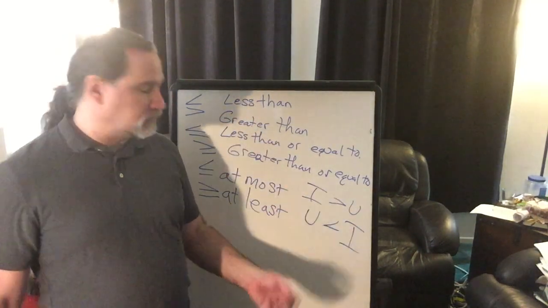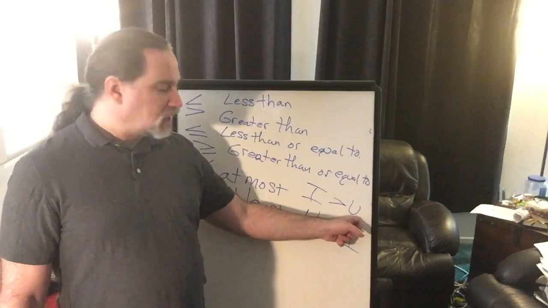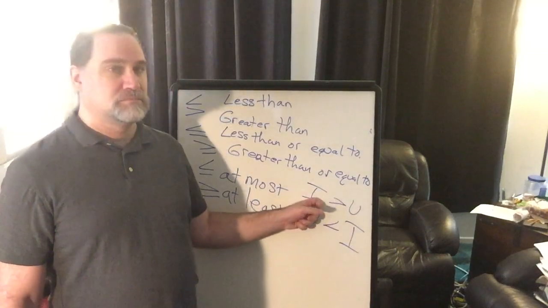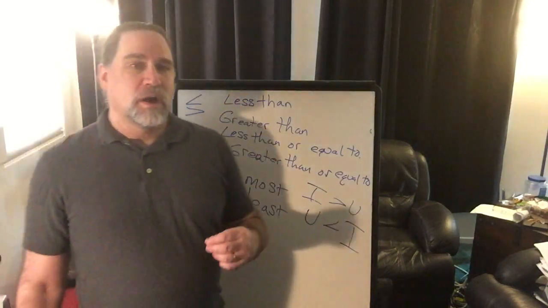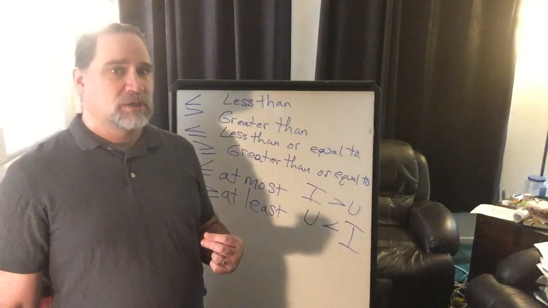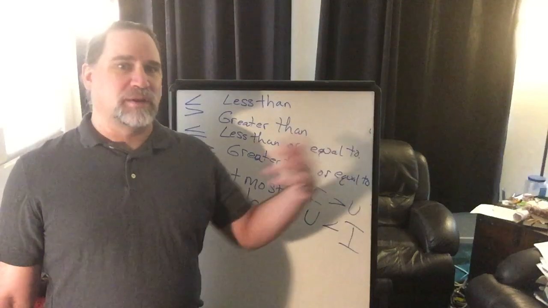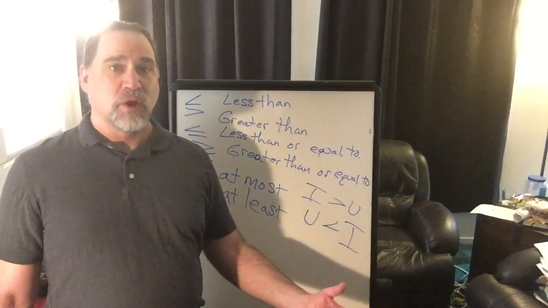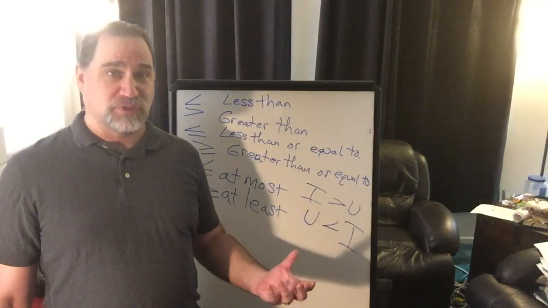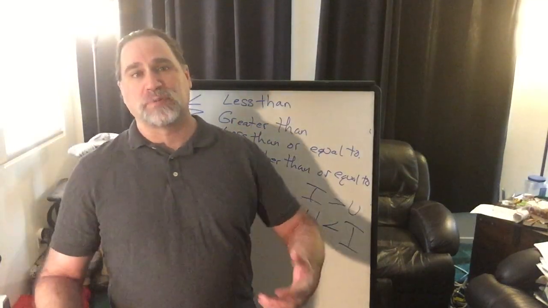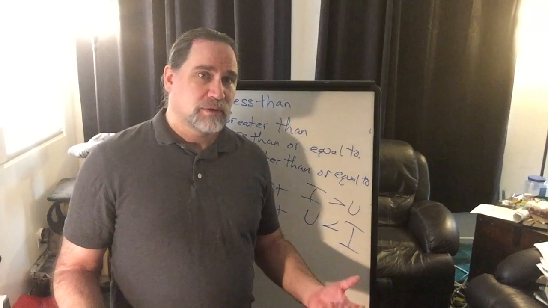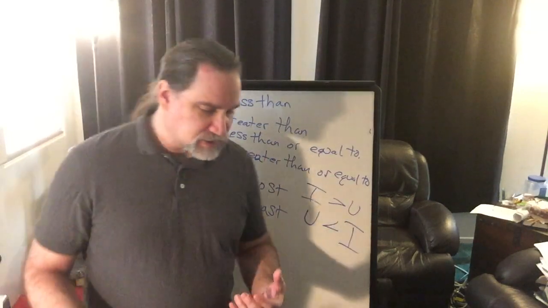If I say I am older than you, I would say you are younger than I am. See? That's how it ends up being written. So the description oftentimes dictates what number is on the left and what number is on the right, or if there's a variable. I'm looking for all the numbers that are greater than 5. I'm looking for all the numbers that are smaller than 3. Those are the kinds of things that we're looking for.